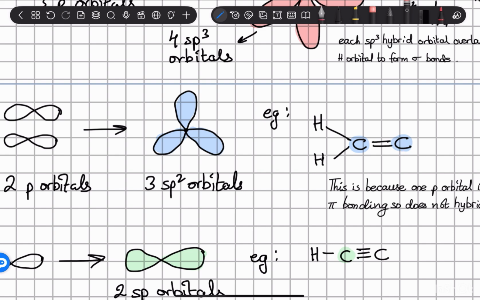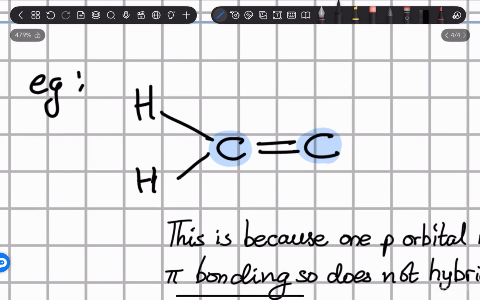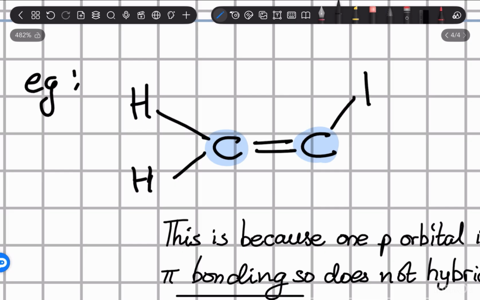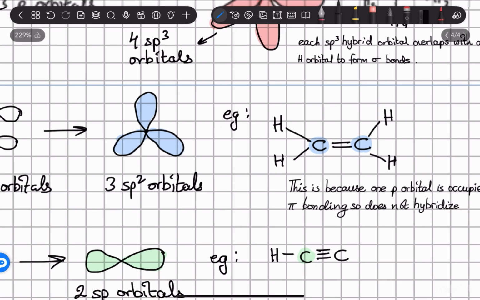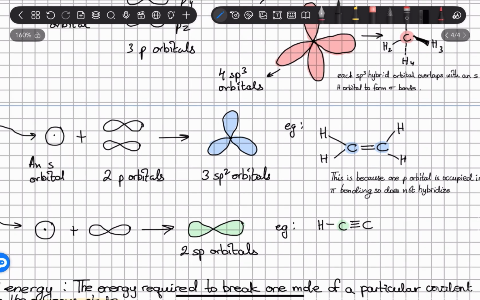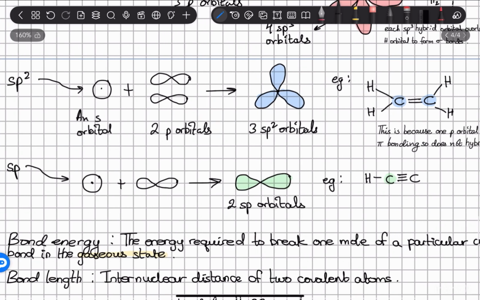So this molecule is sort of incomplete, I'm sorry, but if I complete this, basically it's a mirror image. So these two carbons both have three sp2 orbitals. So we say this molecule is sp2 hybridized. And later on I'll tell you a trick to determine the hybridization of these organic molecules. We usually determine the hybridization of the central atom. So just to let you know.